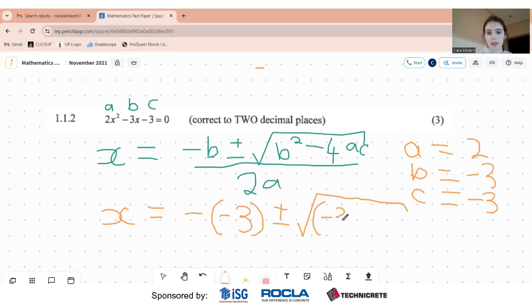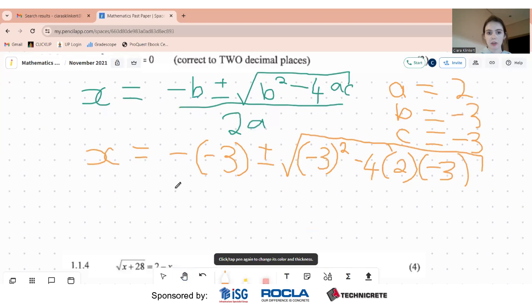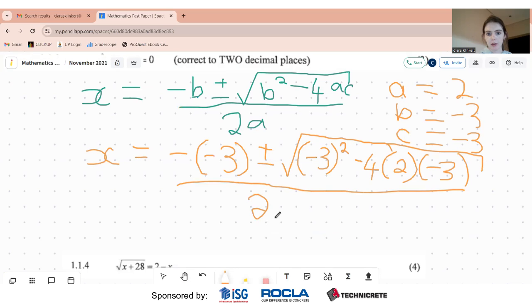Okay, B squared, so negative 3 squared minus 4 times A, which is 2, times negative 3. All right. All over 2 times A, which is 2. Okay. 2 times 2.